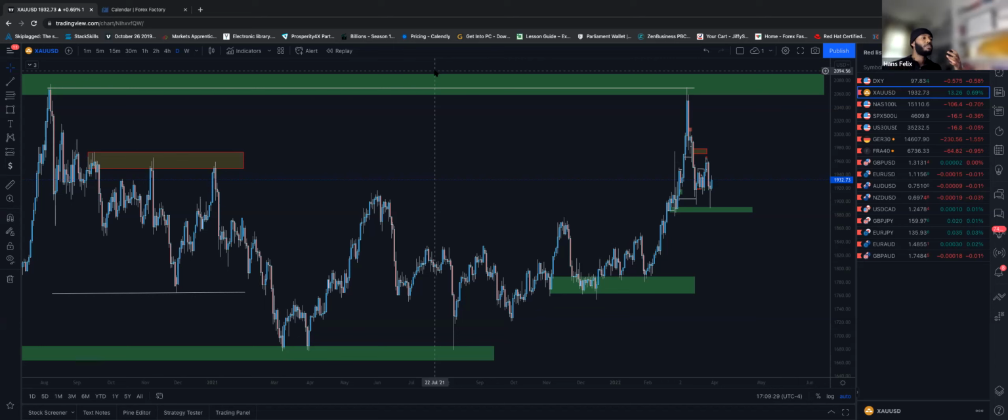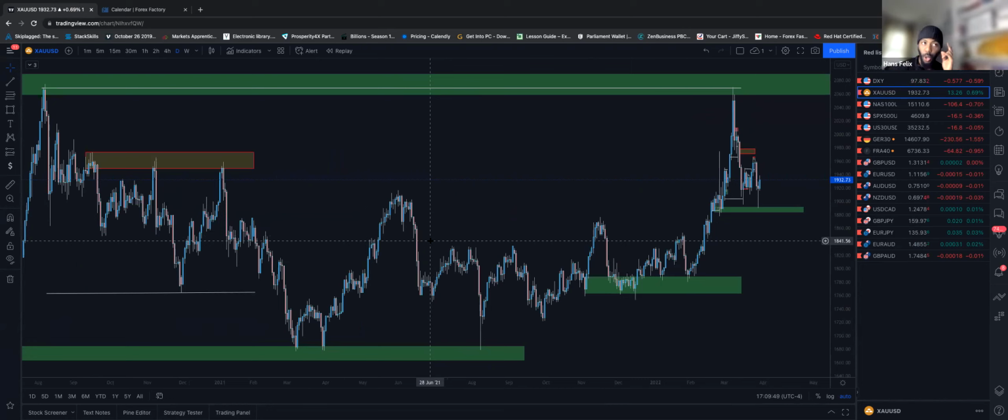They have to be the ones that move the market left, right, north, south, and that's the only way this market moves. So this is why you have to understand supply and demand. You have to understand what the order blocks are. At least those two, when you're starting out.